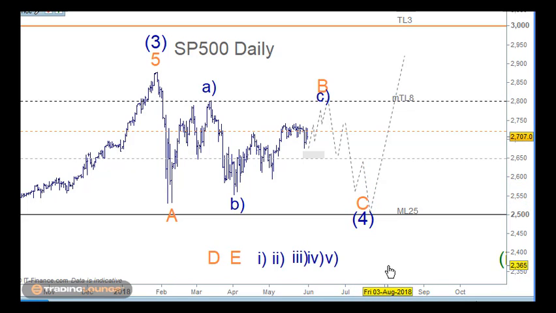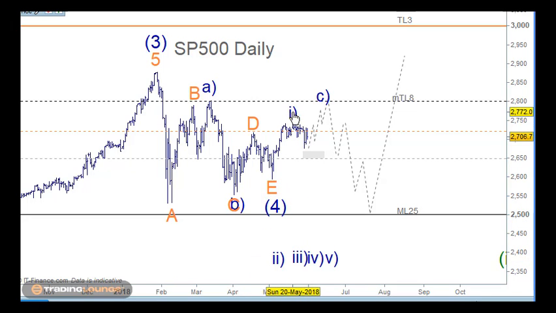Okay, the other count is our older count where we have this here as the A wave, the B wave, the C wave, the D wave, the E wave, and wave 4 here, and this is wave 1 and wave 2.